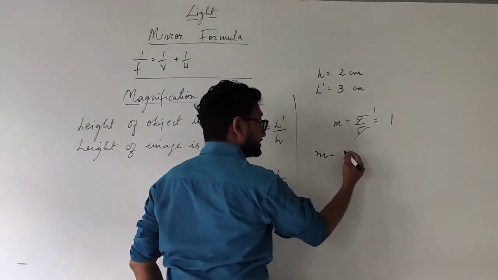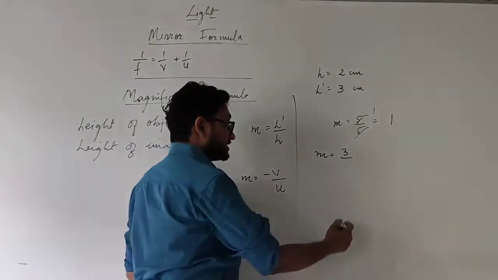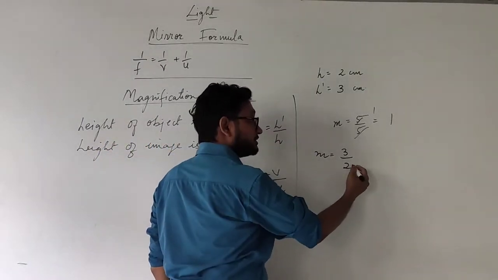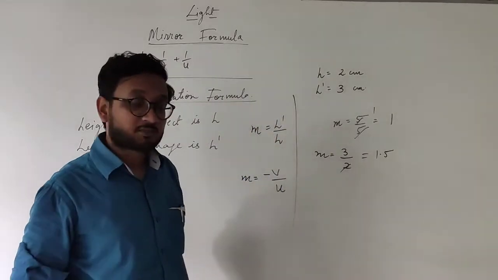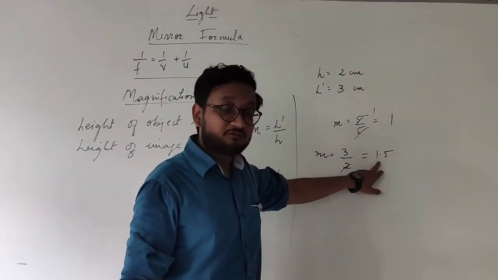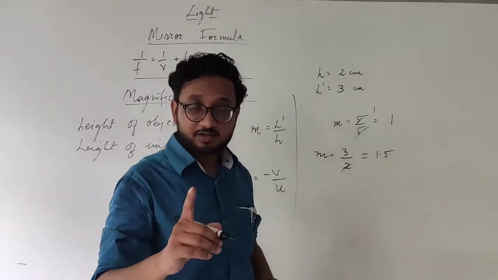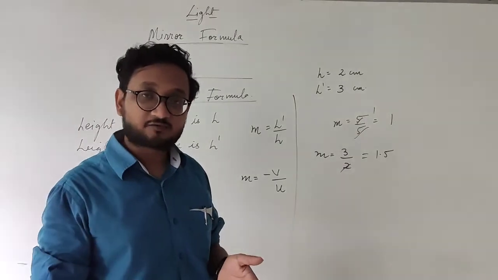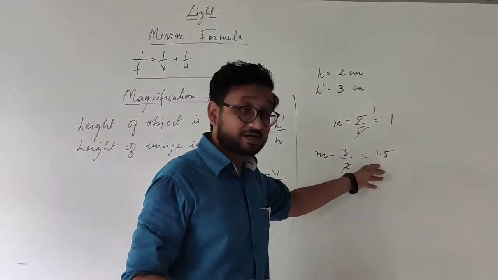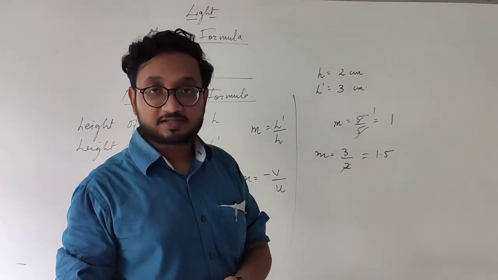The height of the image is 3 centimeters and the height of the object is 2 centimeters. Once you solve this, you will get the answer as 1.5. You can see that now the magnification is more than 1. Whenever the magnification is 1, that means the ratio is the same. There is no magnification. The height of the object and image is the same.